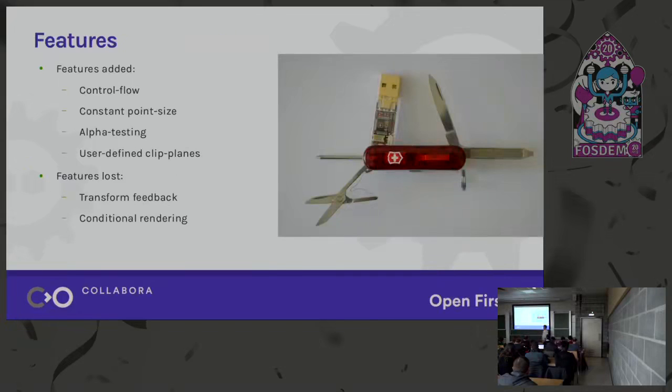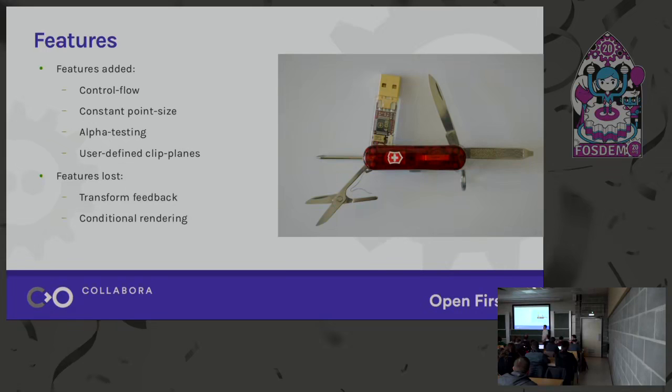Since last year, we've added some features that are quite nice. We now properly support control flow in the shaders, so you can do all of your ifs and switches and loops and stuff like that. We properly forward point sizes if they're not written from the vertex shader.